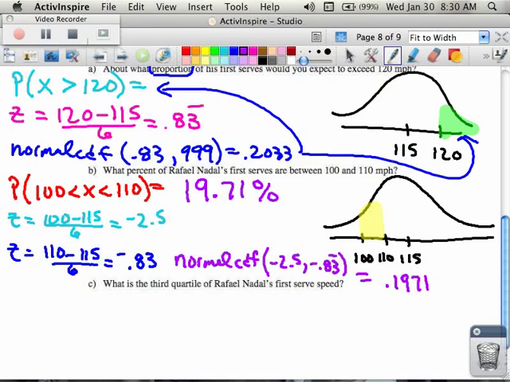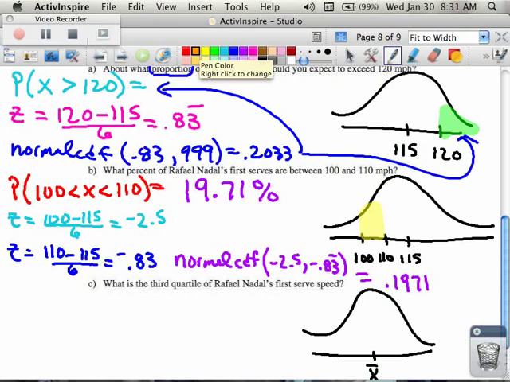Our last question on this problem is a little bit different. They talk about the third quartile. So the third quartile is referring to a picture that looks kind of like the following. Here's our mean. And they're talking about when you go to the third quartile, 75% of your data, so X bar is at 50.